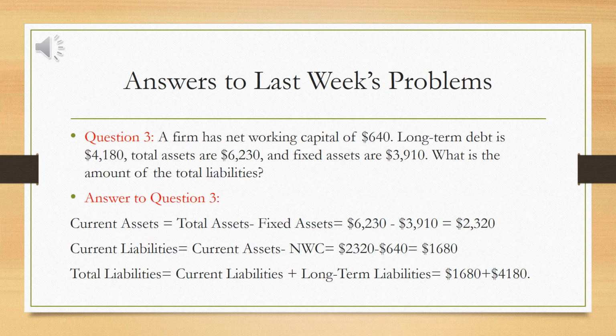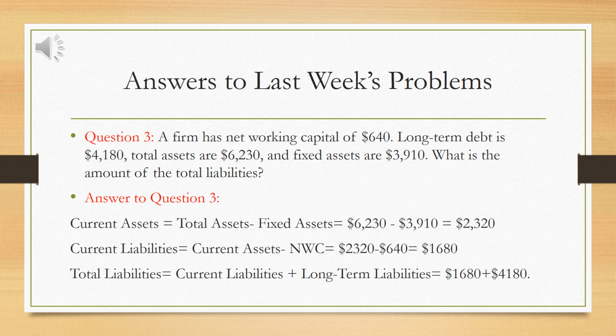Question number 3 is asking us to find the amount of total liabilities. We know that total liabilities equals current liabilities plus long-term liabilities. And we also know from the given that long-term liabilities are equal to $4,180. Thus, what we need to find first are the current liabilities.